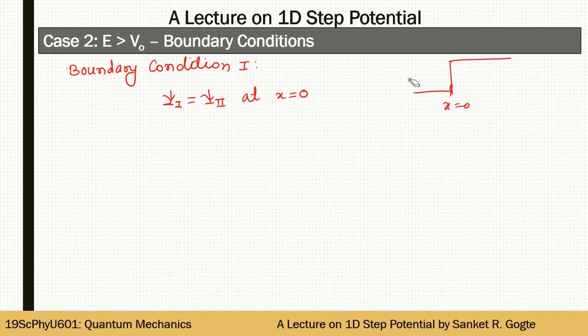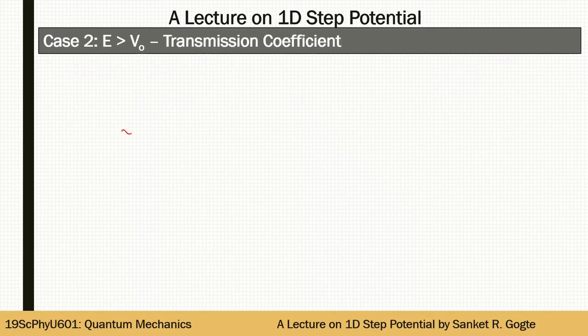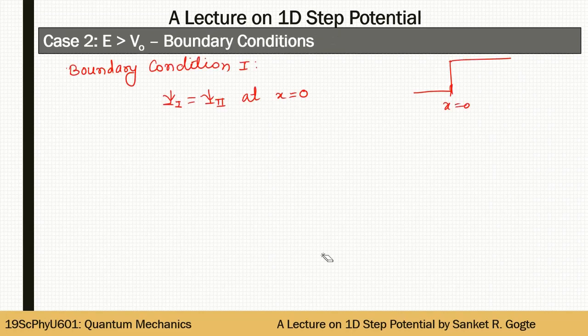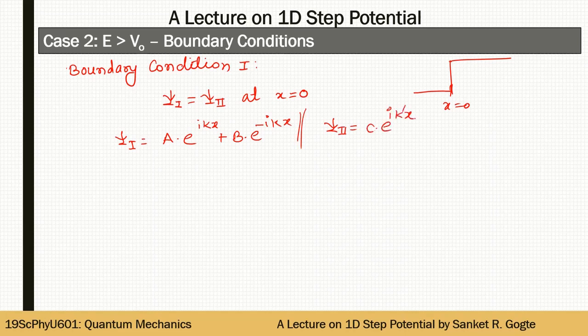So we are now matching the wave function at the boundary. Psi 1 is a into e to the power i kx plus b into e to the power minus i kx, whereas psi 2 is c into e to the power i k prime x, right?